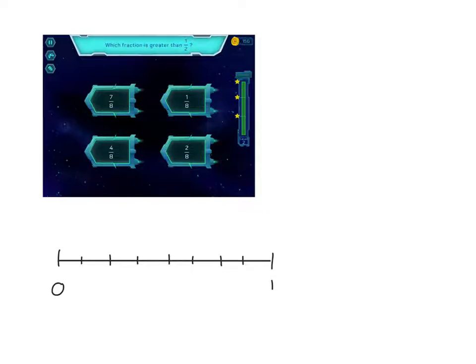I'll label these again as A. 7/8 would be right here. And this one would be B. 1/8 would be right here. I'll label this as C. 4/8 is exactly 1/2. They're equivalent.